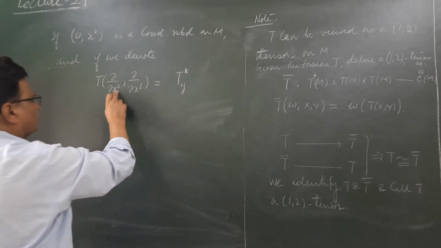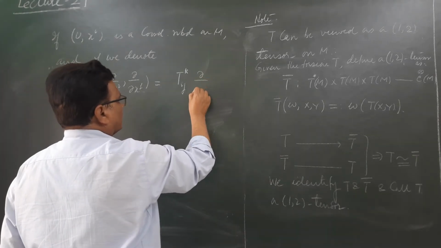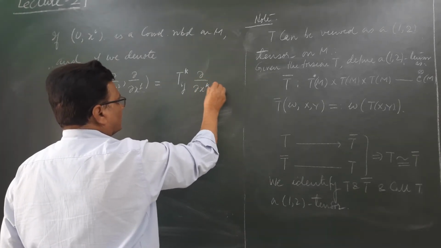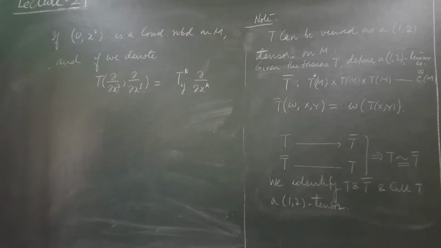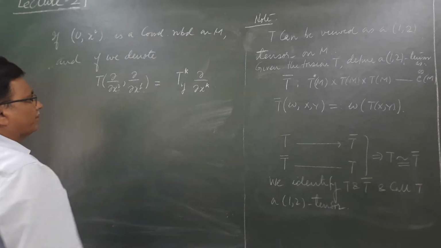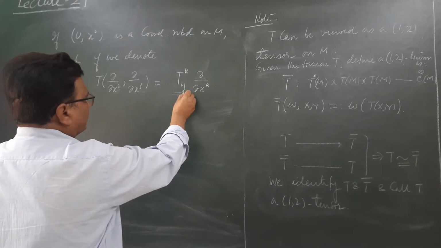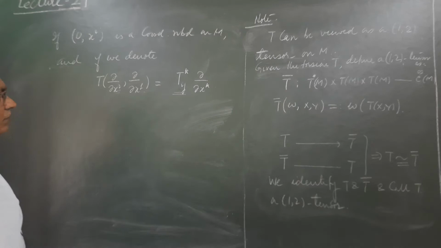Here ij corresponds to this i and j, and k comes out into ∂/∂x^k. So these are the coefficients of the 1-2 tensor T. Now how these coefficients will be defined, we can see by formula.